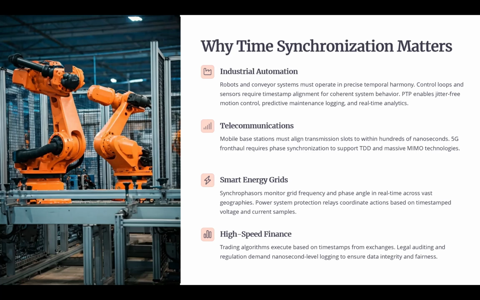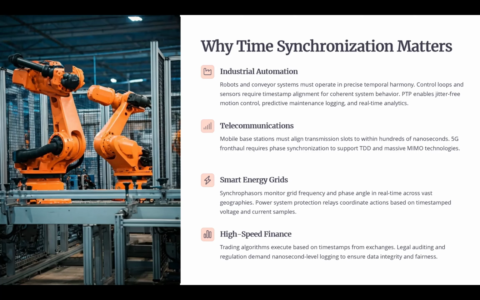For example, in factories, machines like robots and conveyor belts need to move in sync with each other, so that the tasks are performed in the correct order and there is no delay or collision between those machines and the order of the task. So this is one aspect of the importance of synchronization in industrial automation.